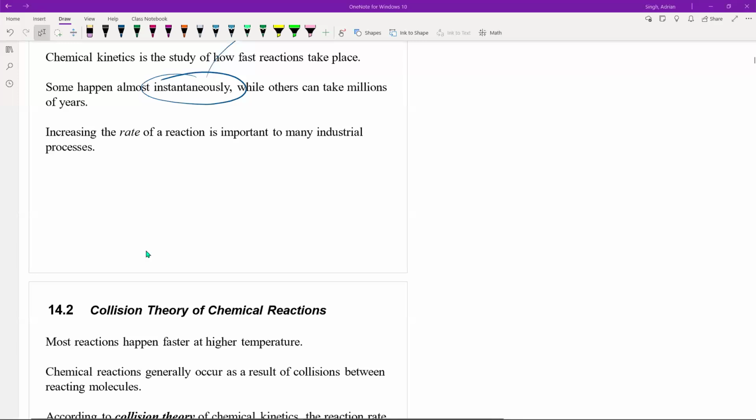So generally, reaction rates can be increased by doing several things. We can say reaction, RXN is the abbreviation for reaction, and rates can be indicative of the speed.